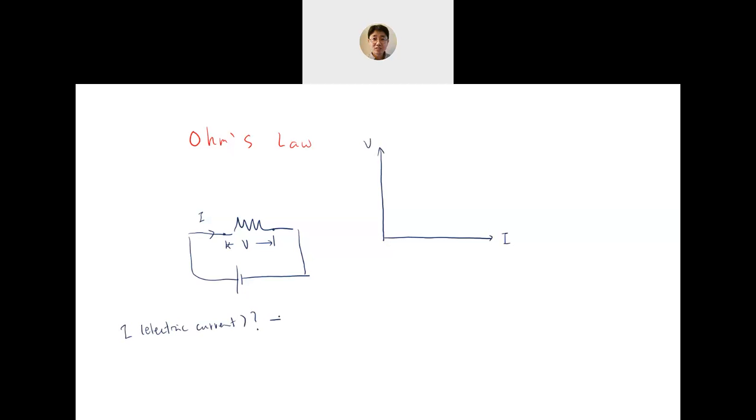Electric current is just the number of charges flowing through a cross section of a conductor, or something like a resistor.